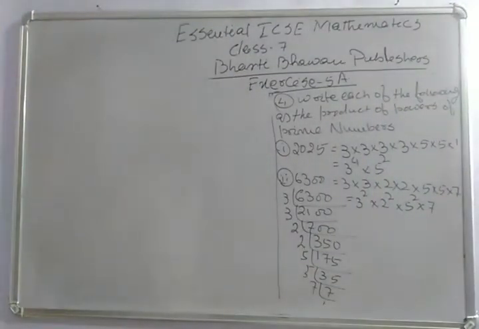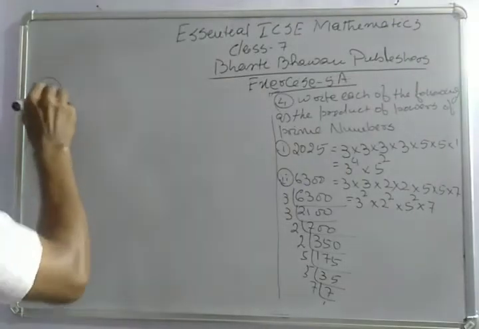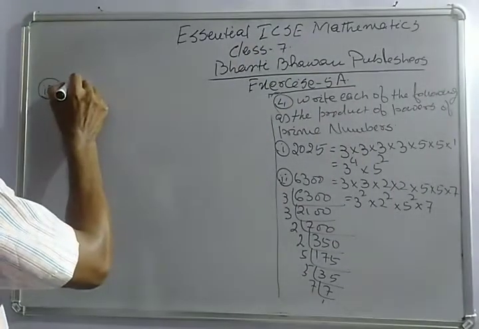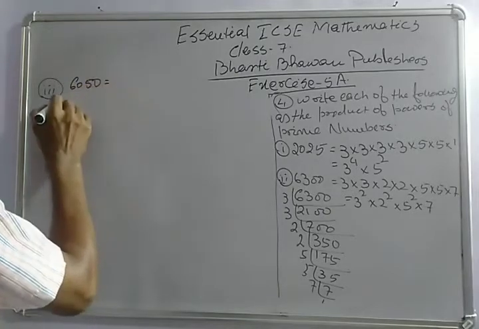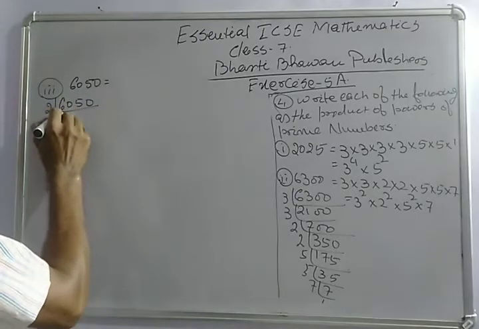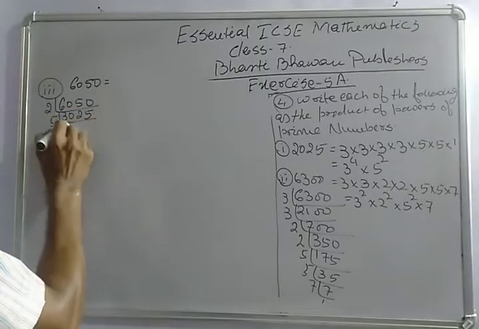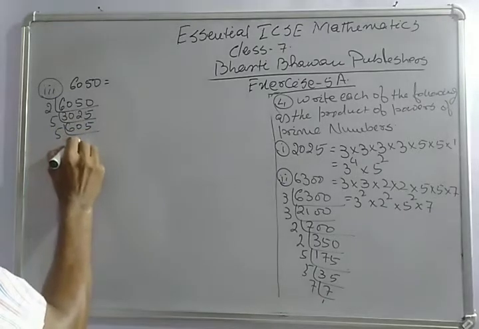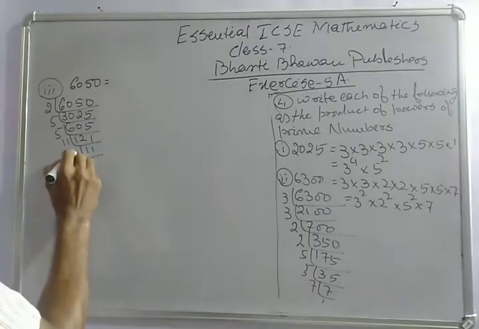4 part 3, that is 6050. 6050 divided by 2 is 3025, then 5 gives 605, then 5 gives 121, then 11 gives 11, then 11 gives 1.